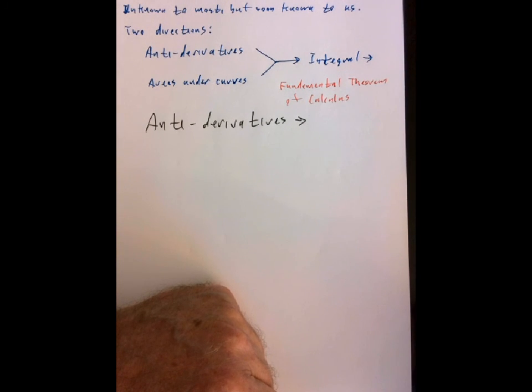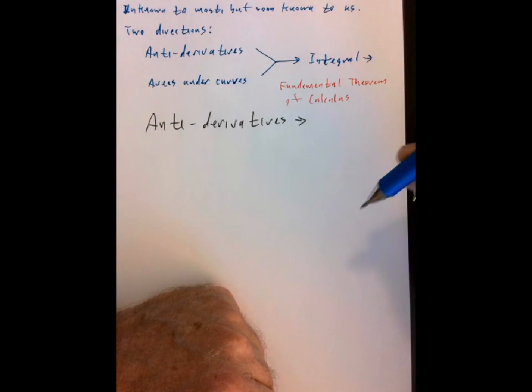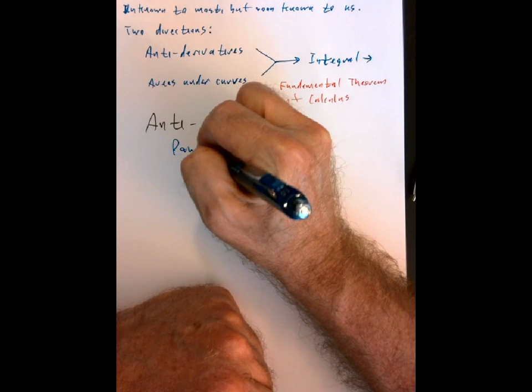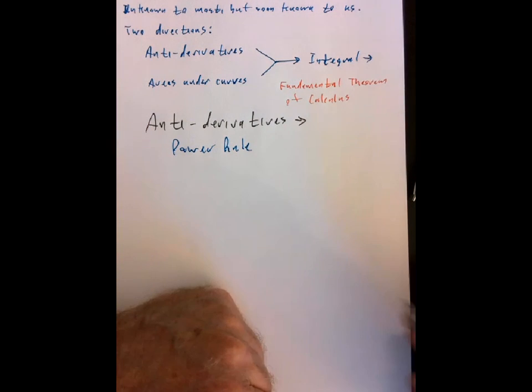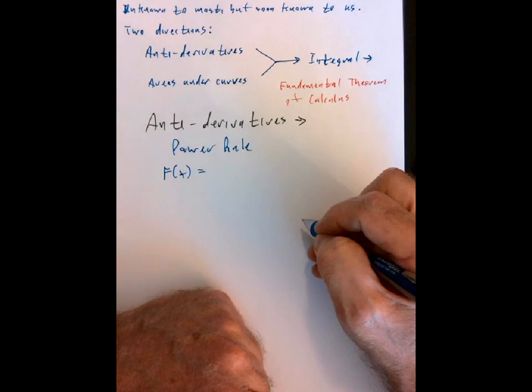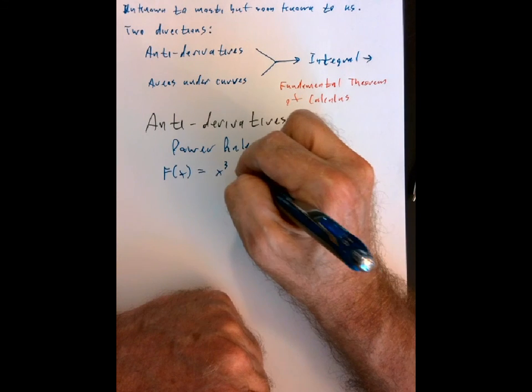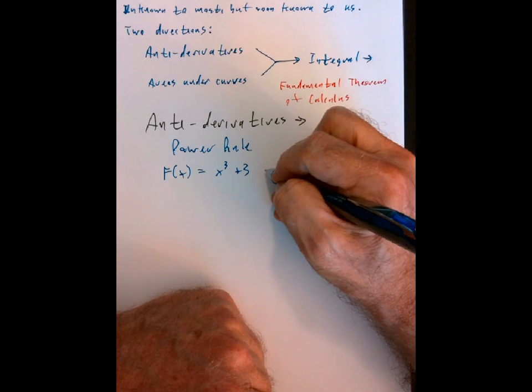So the first derivative rule we learned was the power rule, right? And so we said if we had something like, I'm going to use a capital F here, if F of x is equal to x cubed plus 3, we could calculate a derivative of that, which would give us the rate of change, of course, the slope of the tangent line.